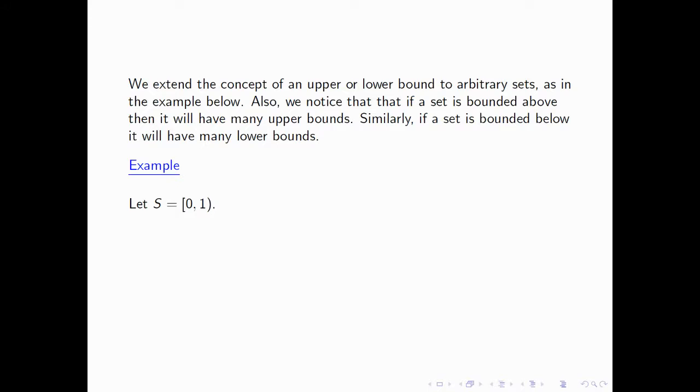In a similar way, when you go through the concept of greatest lower bound, the number 0 will turn out to be the greatest lower bound. It's a lower bound, and any other lower bound for that set will be less than or equal to it. So 0 is the greatest, it's the biggest of all the lower bounds of the set.